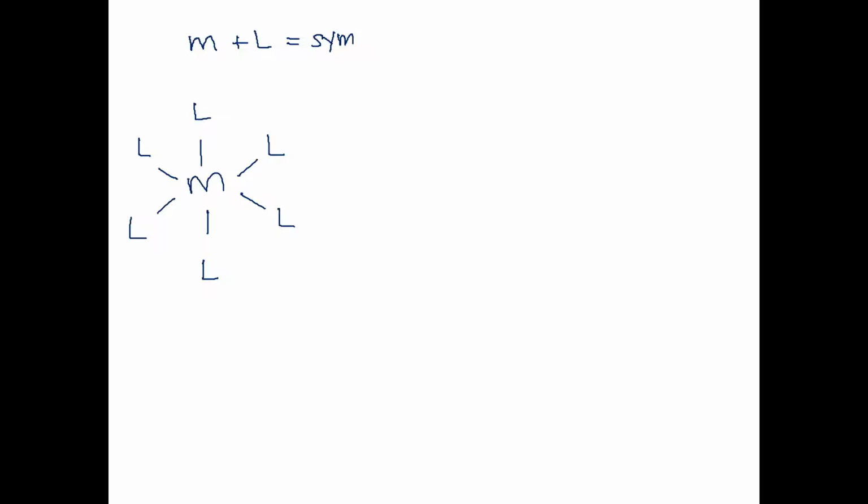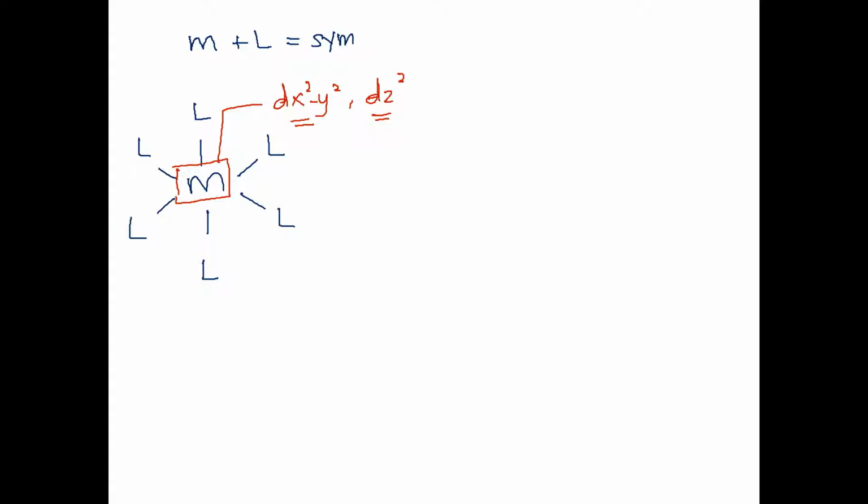So for this octahedral structure, the ligand will sit at the dx square minus y square and dz square of the metals. So the ligand fills in the orbitals of the metals, at the dx square minus y square and dz square orbital, which is this orbital.